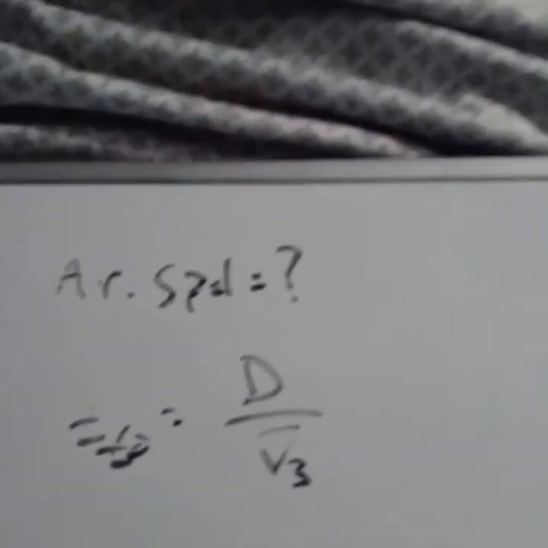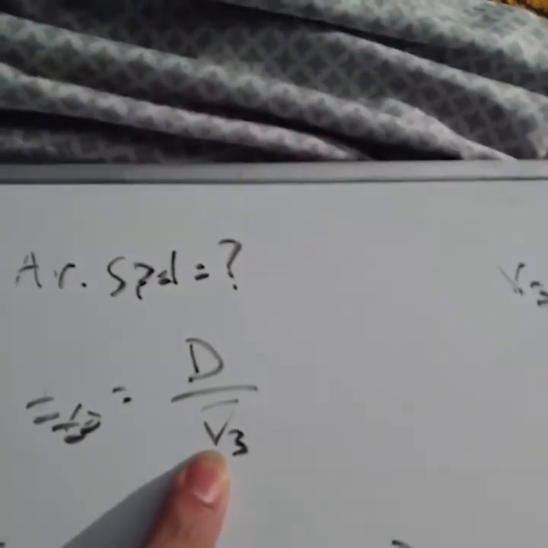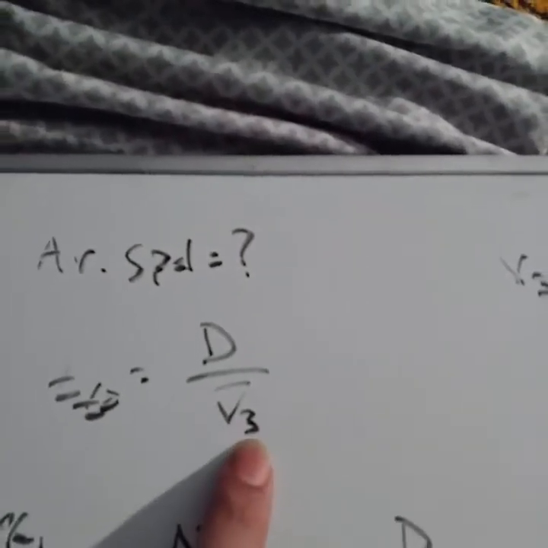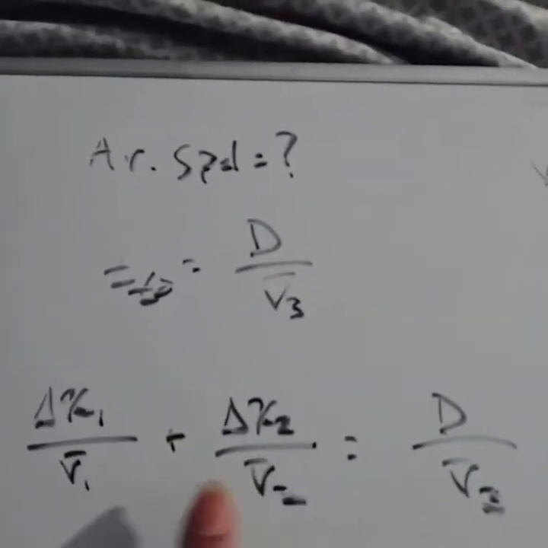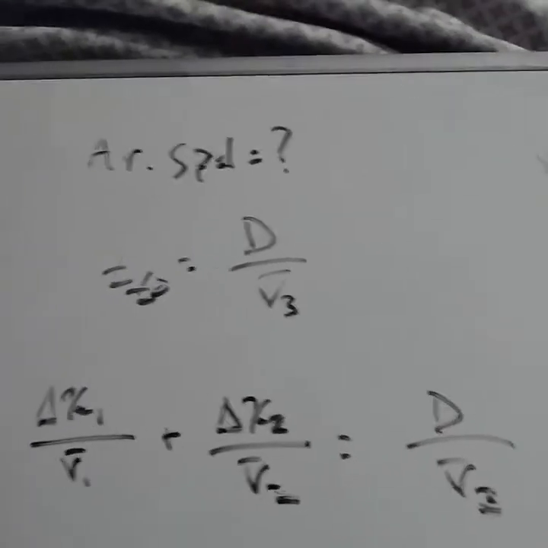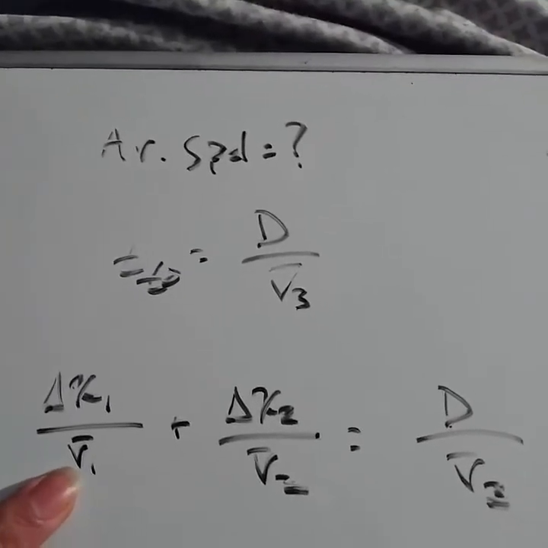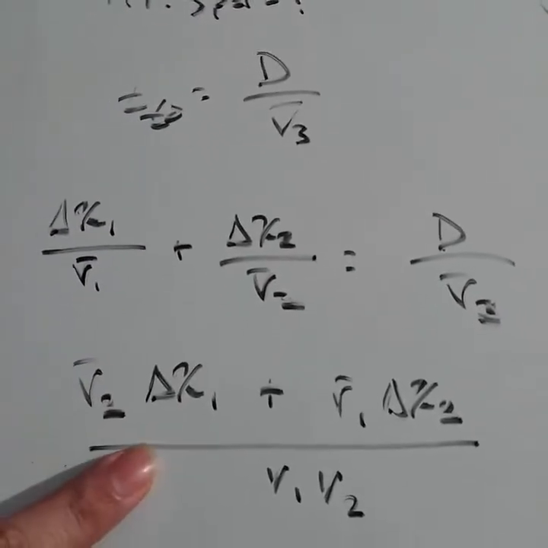I've rewritten R as our average velocity for the whole trip, denoted by the subscript 3. So writing this out, T1 plus T2 is equal to T total. Writing this with a common denominator, our left-hand side looks like this.